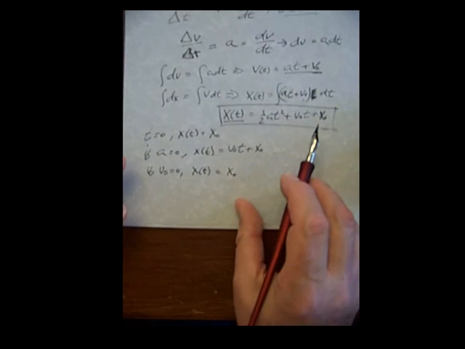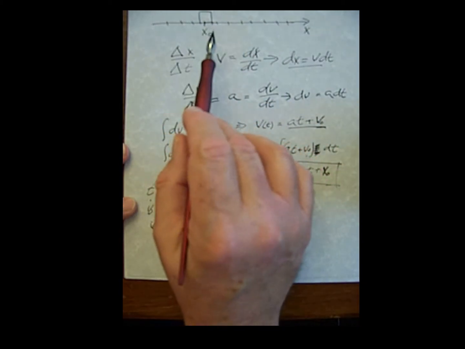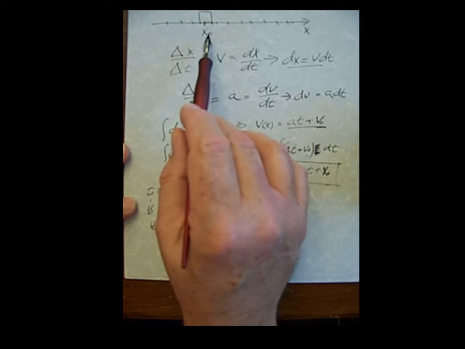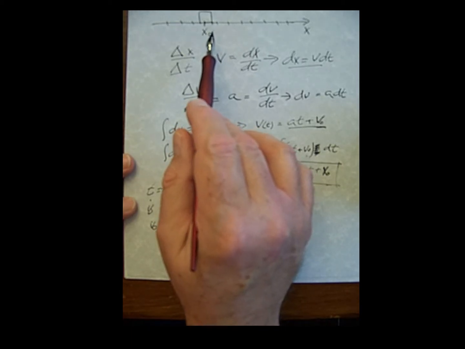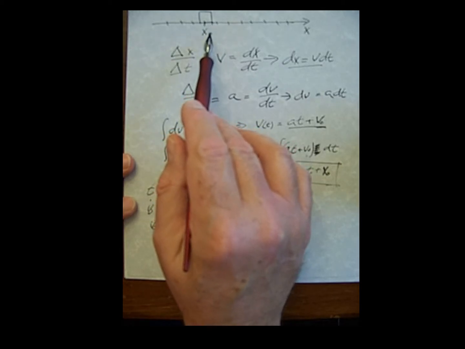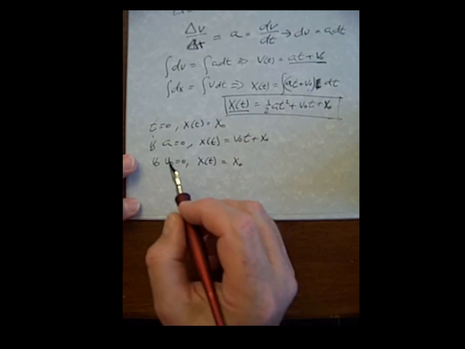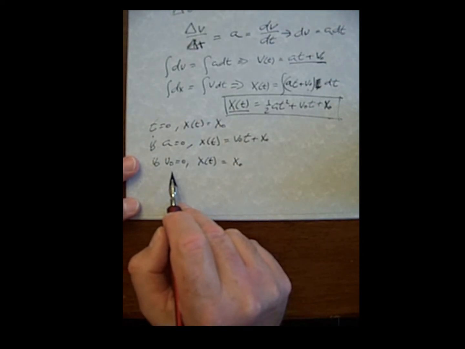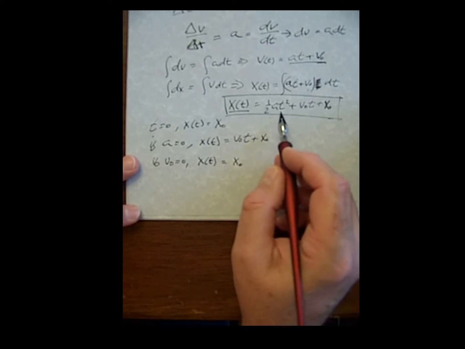Let's say that we have B, he's sitting here on the x-axis, and he's sitting at position x0, x of 0, and he has no velocity. So we can go back to this equation here and substitute those values in.